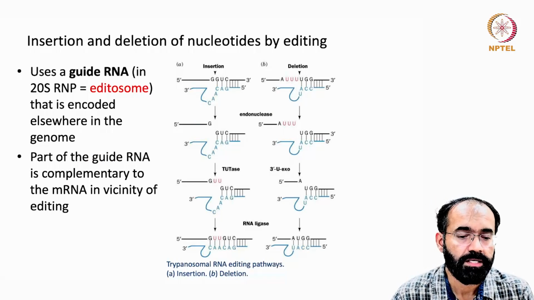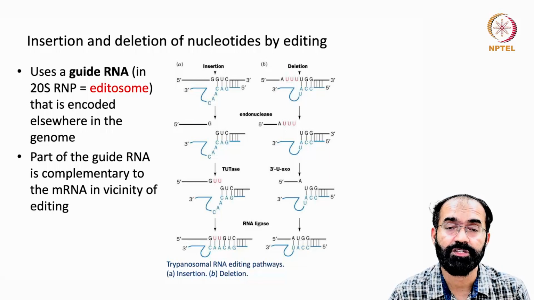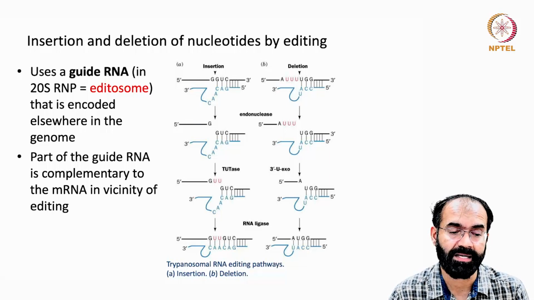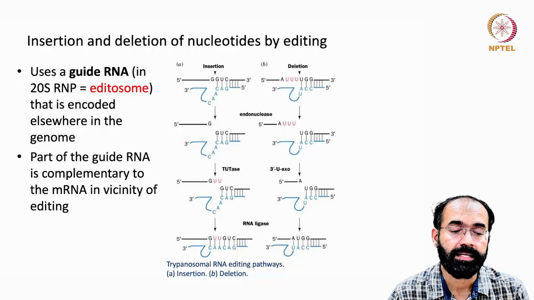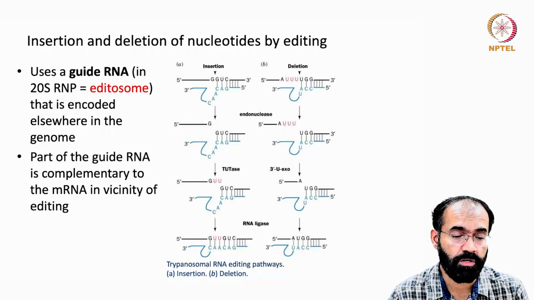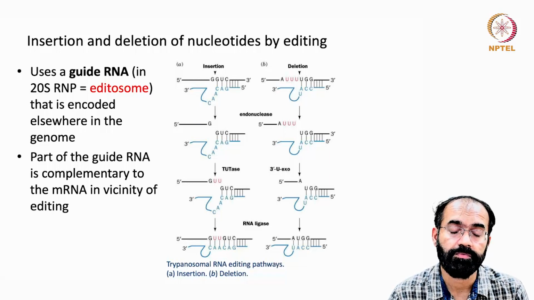So insertion and deletion of nucleotides by editing: how is it happening? We saw uridine can participate in the insertion or deletion. Let us have a quick look. The guide RNA is in the 20S RNP. RNP stands for ribonucleoprotein, and 20S stands for the Svedberg unit, the size of this complex, and we call it the editosome.